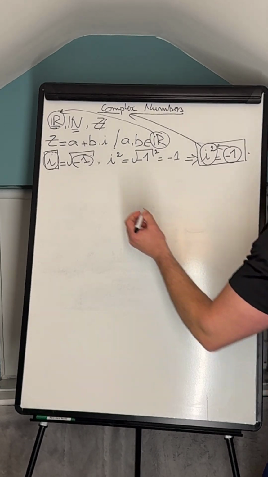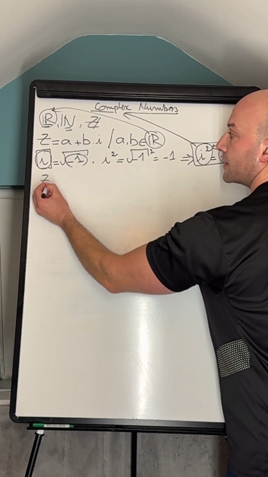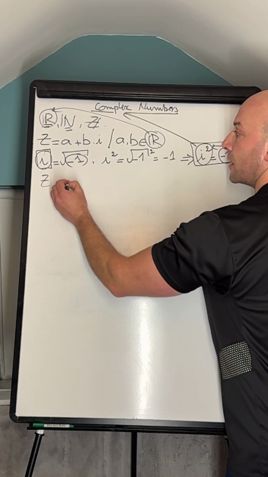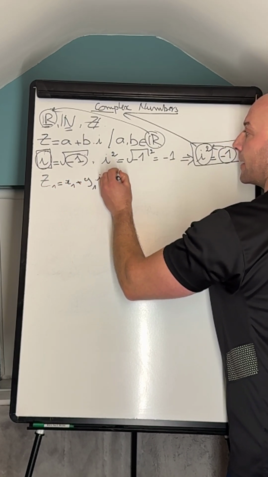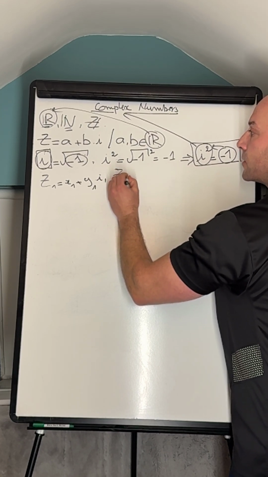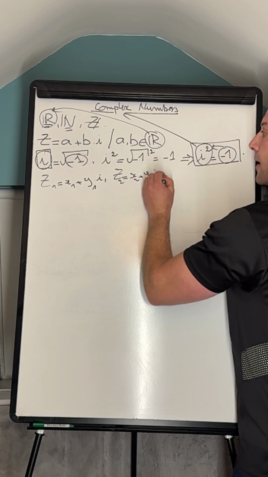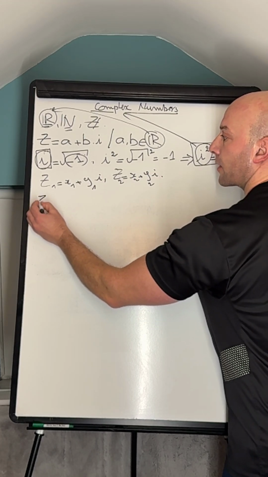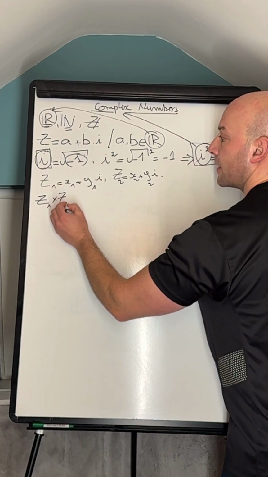We said z1 equals x1 plus y1 i, z2 equals x2 plus y2 i. We want to calculate the multiplication z1 times z2.